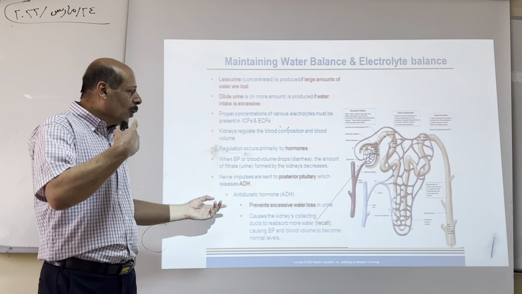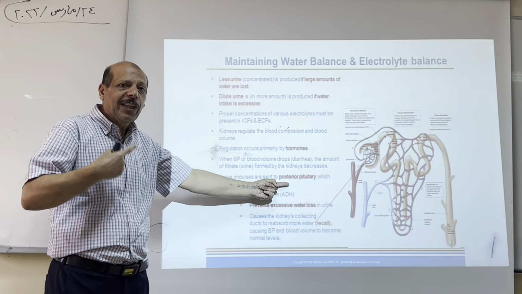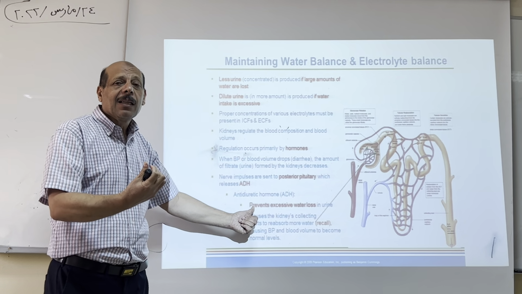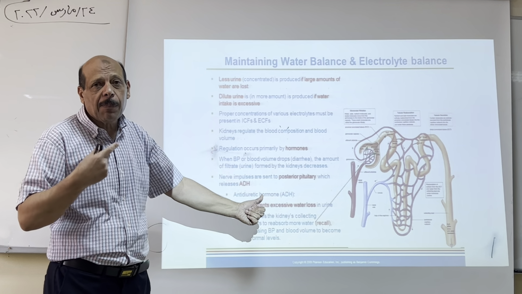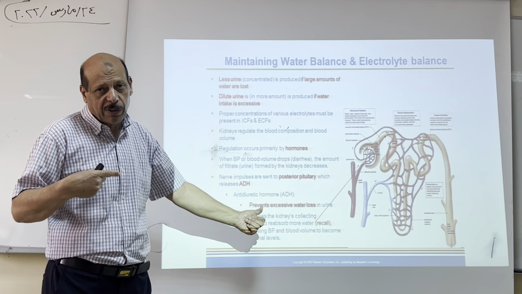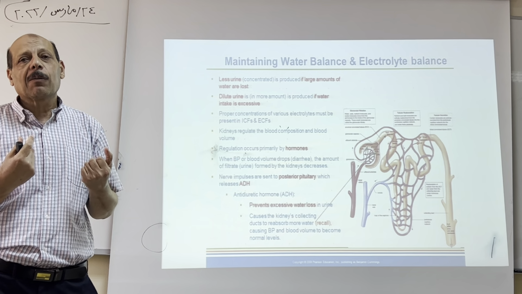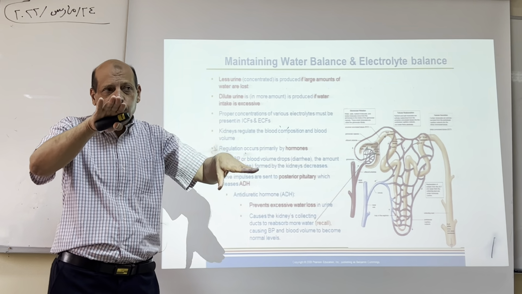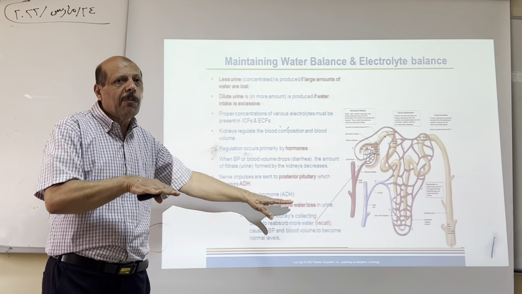So this will stimulate the posterior pituitary gland to produce the antidiuretic hormone that will increase the process of reabsorption of water. So it will return water back to our body, and this will help in the maintenance of normal fluid volume and normal blood pressure.